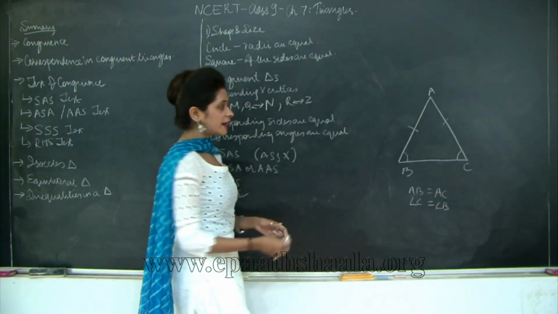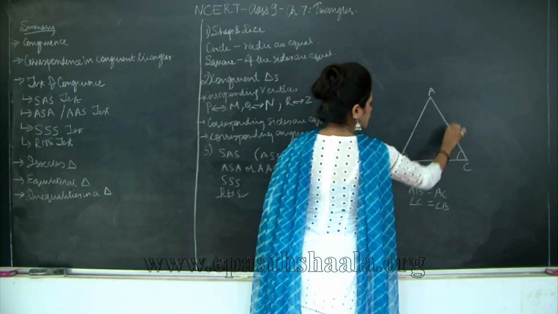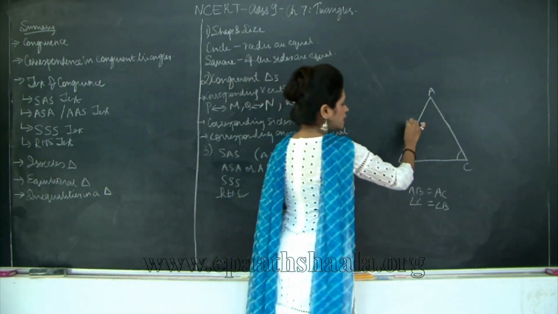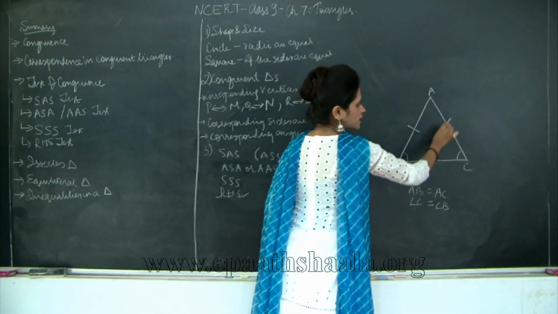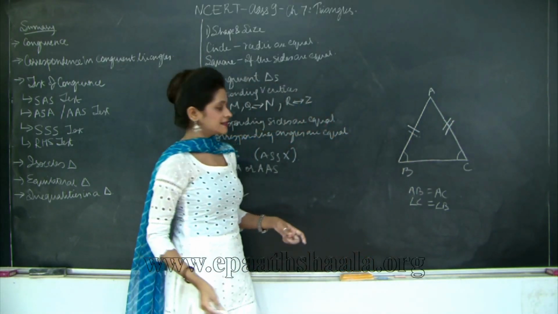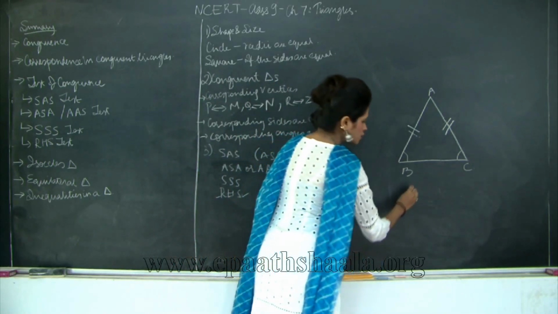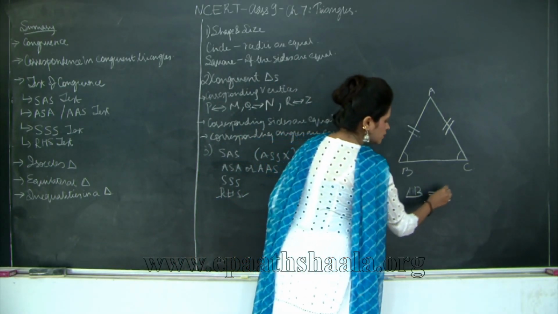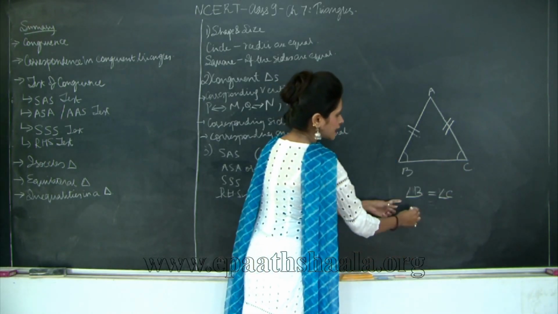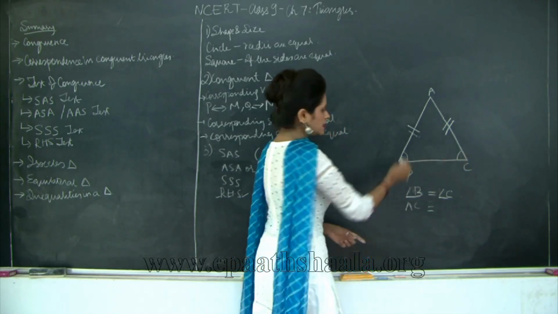Similarly, if I have my triangle such that two angles are congruent, then I can say that the sides opposite these angles are also congruent, and therefore my triangle is isosceles, right? So if I have been given any two angles, let's say angle B is equal to angle C, then the side opposite angle B is AC, which is equal to the side opposite angle C, which is AB.